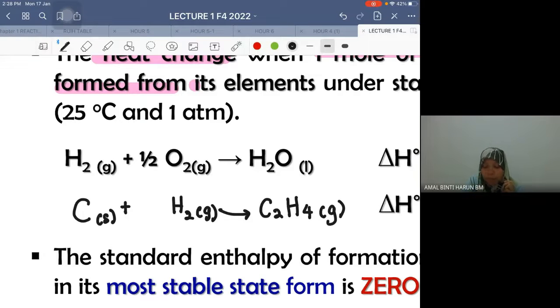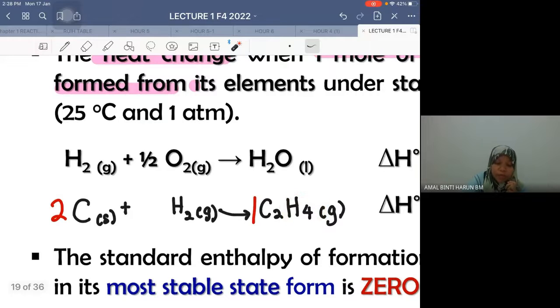Okay, yang mana kena 1 mole? Yang ini kena 1 mole. So, carbon untuk jadikan 1 mole ethylene perlu 2 biji carbon. So, kat sini 2 carbon. And then hydrogen kat sini 4. So, kat sini 2. Okay.